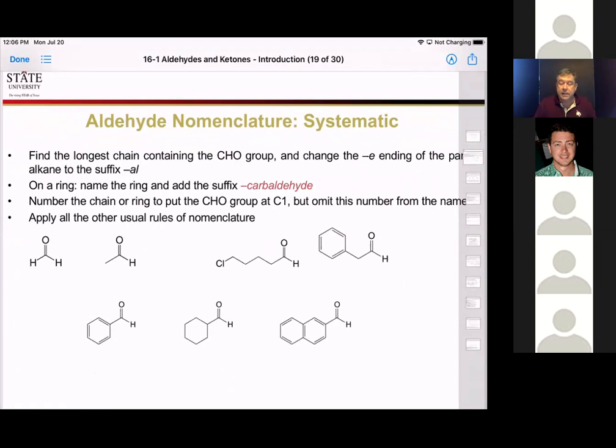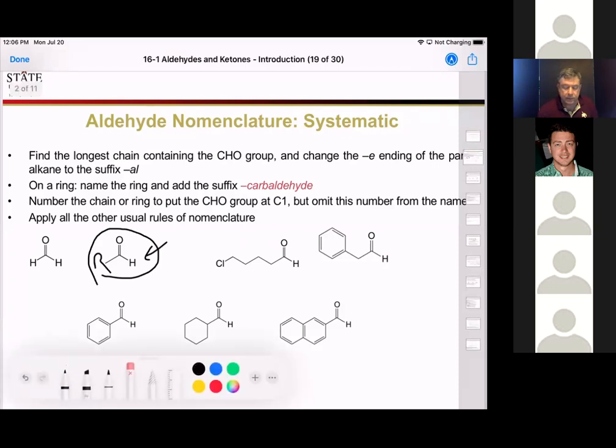So anytime you see the structure where you have a general R group here, with that carbonyl and that hydrogen there, that's an aldehyde, okay? And so it is halfway oxidized down to a carboxylic acid, so it has different reactivity. It's not as acidic and it has different reactivity, including that it can be oxidized.